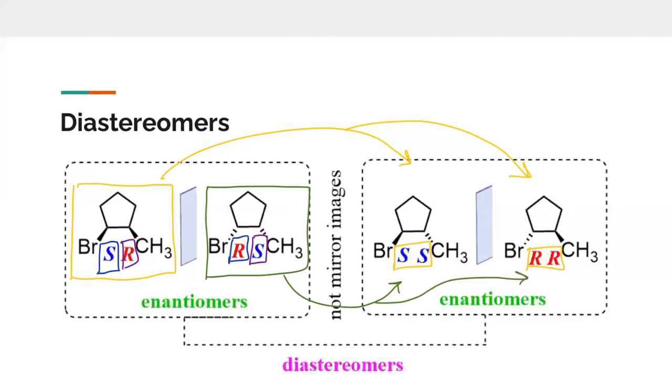This might take a little bit of thinking on your own, but you can try to convince yourself in your own time that when you flip across the mirror image, you always get opposite configurations for each chiral center. These are the chiral centers in this case. If not all of the chiral centers change configuration between 2 molecules, then you know that they are diastereomers, and that they would not be mirror images.